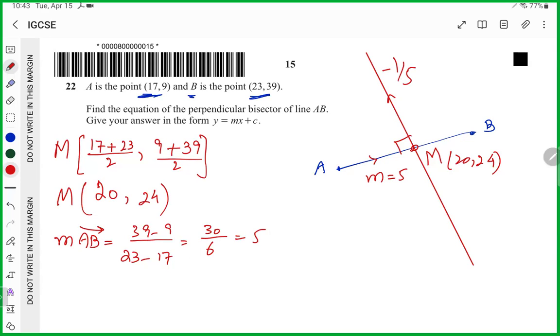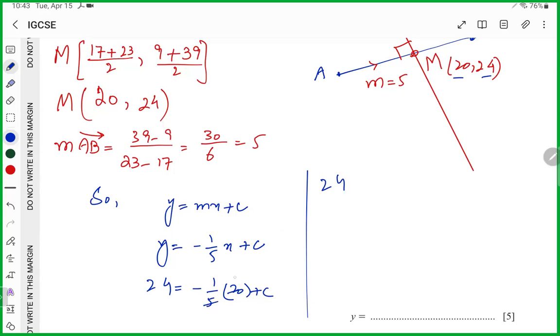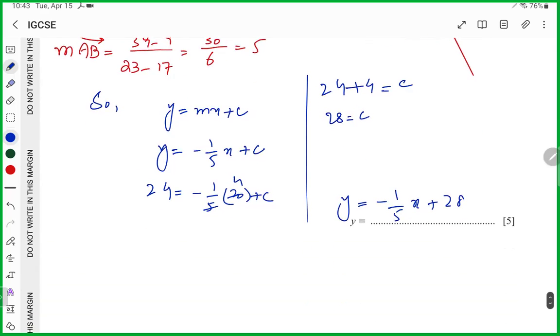Now the equation of the perpendicular bisector is y equals mx plus c. So y is equal to minus 1 by 5 x plus c. It's passing through (20, 24), so 24 is equal to minus 1 by 5 times 20 plus c. 24 plus 4 is equal to c. So y equals minus 1 by 5 x plus 28. This is your equation of the perpendicular bisector.